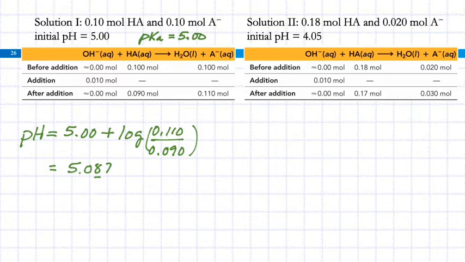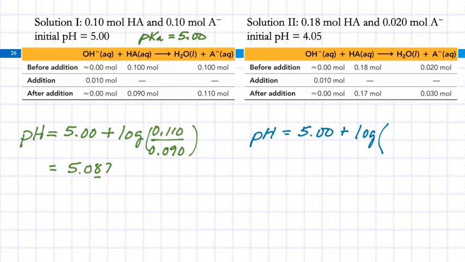So that's the pH for that one. And the pH for this one would equal, well, let's start on the same line. The pKa is the same, plus the log of, it's the same solution, it's the same acid.